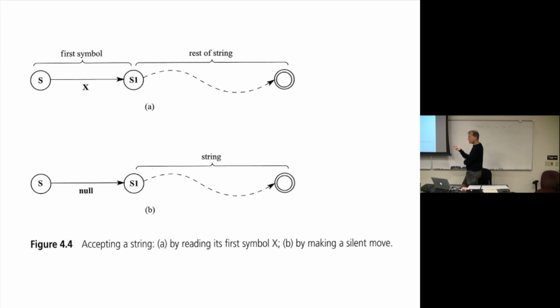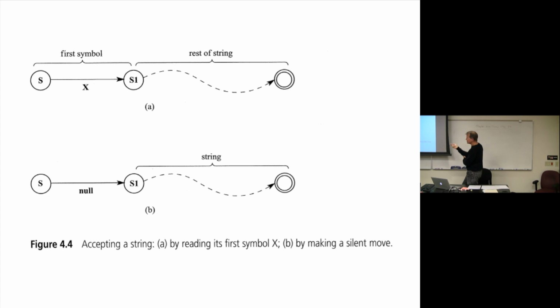I mean, the acceptance of the whole thing should succeed if we can go from X to S1 and what? The transition on the rest of the string leads to the final state. Yes, starting from S1, the state that we just went to.